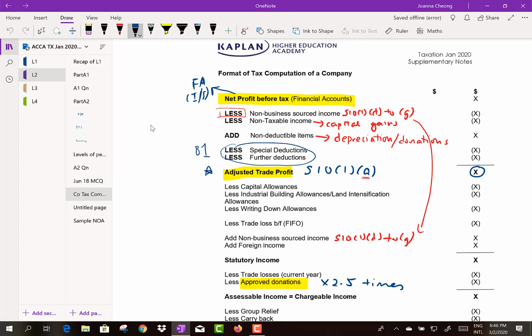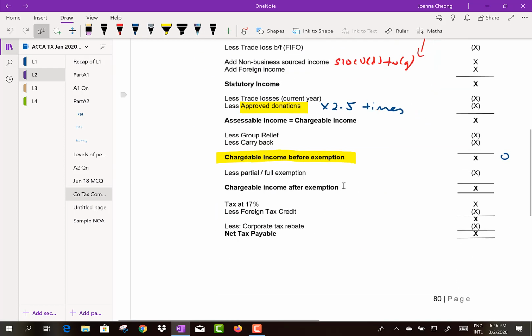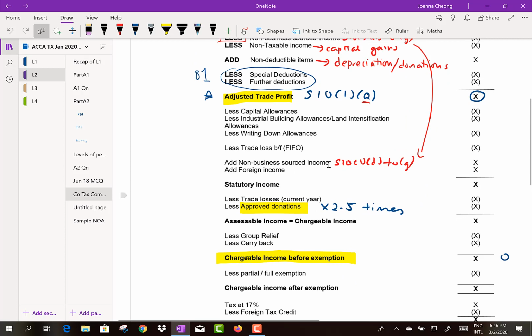Anything that is not trade, we have to remove it, okay? So, by the way, this is on page 80, part B, page 80, right? If you're lost, you can try to ask around and see whether you're on the right page, or even the right class, in case there are some people who are in the wrong class after 2 lessons.